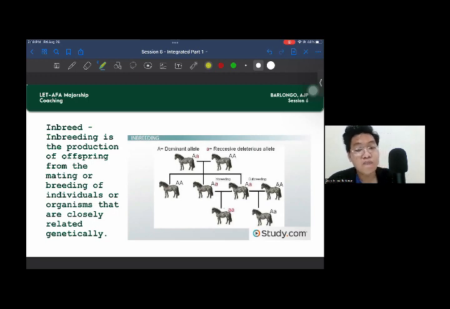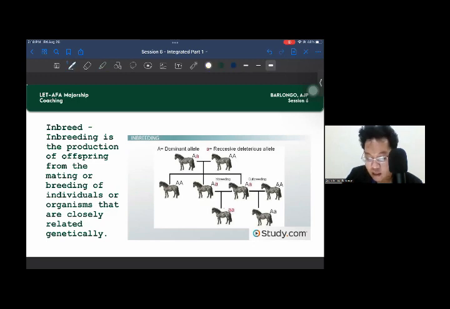So we can see here from the illustration, okay, so let us trace. So, this is a cross. This is a pedigree of the different horse qualities. So, A is the dominant allele and yung lowercase na a, ito yung recessive na allele.